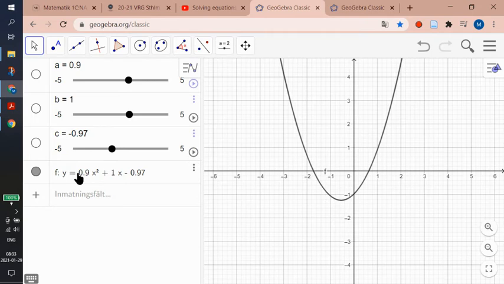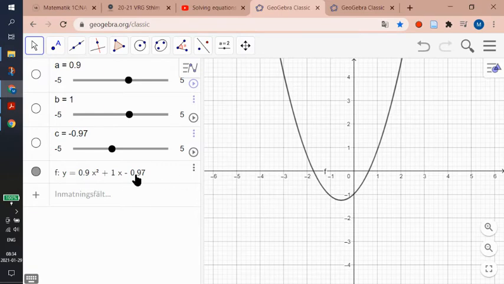If we hold these coefficients fixed and just vary the c value, c has the effect of sliding the graph up and down in the vertical direction, such that it cuts the y-axis at this c value.